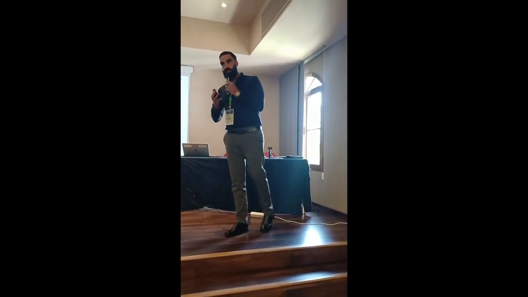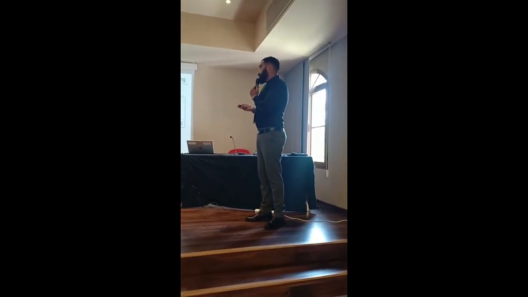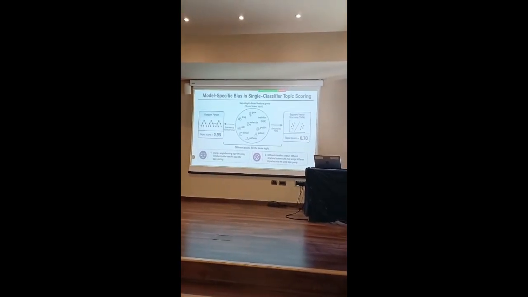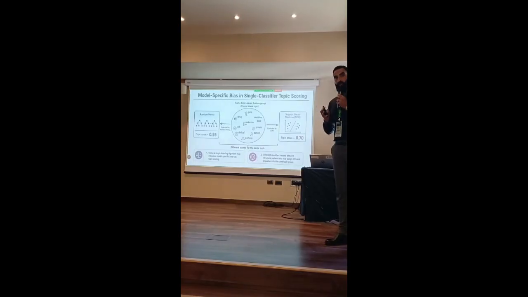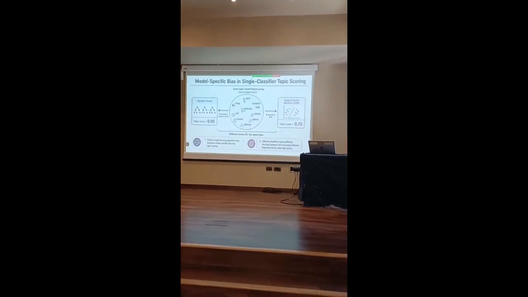for evaluating topic discriminativeness. However, relying on a single learning algorithm may introduce model-specific bias into topic scoring, as different classifiers could capture distinct structural patterns and may assign varying importance to the same topic group.